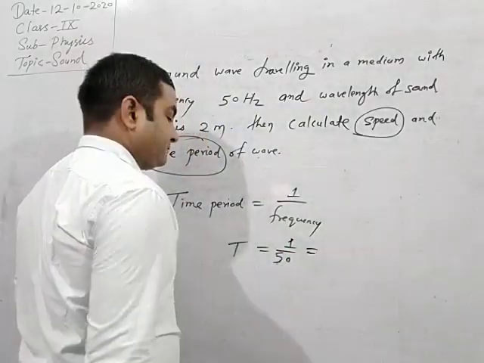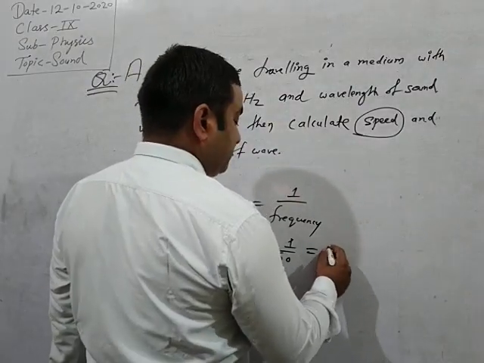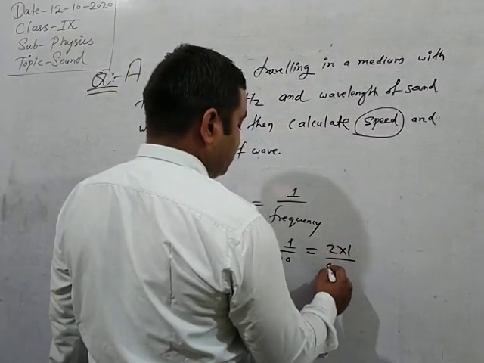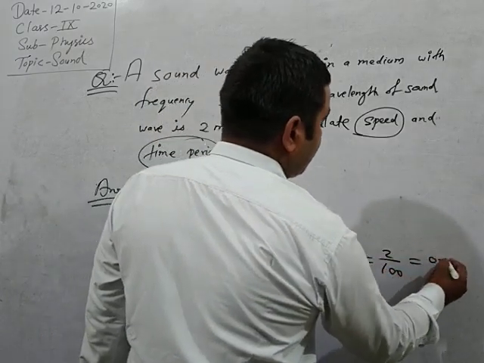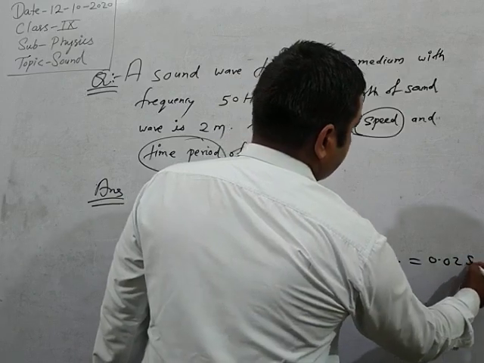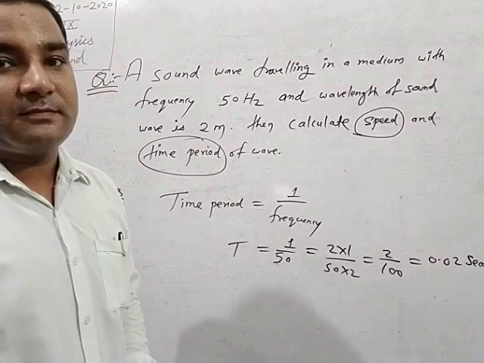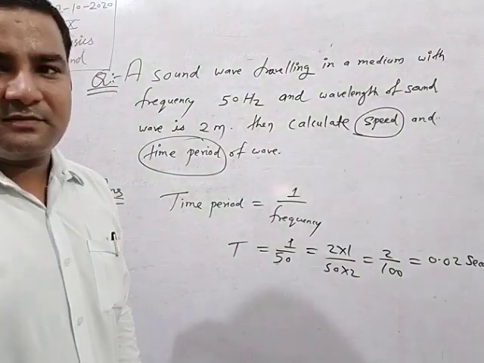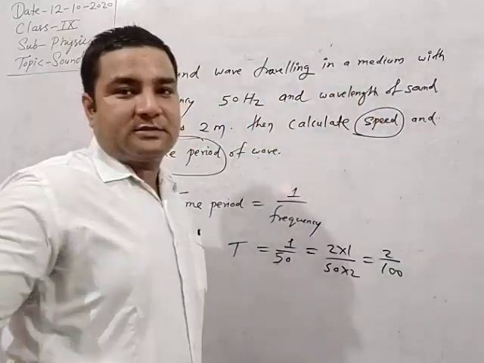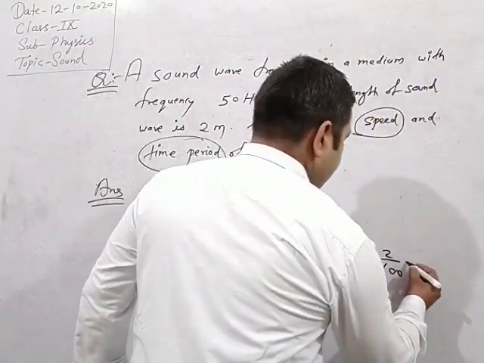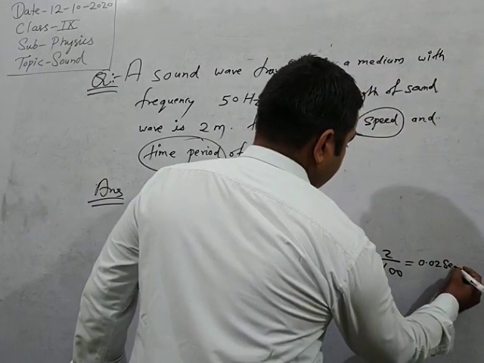Multiplying by 2, we get 2 upon 100, that is equal to 0.02 second. Very simple concept. Only when the concept of the formula is clear can you solve it very easily. 0.02 second.